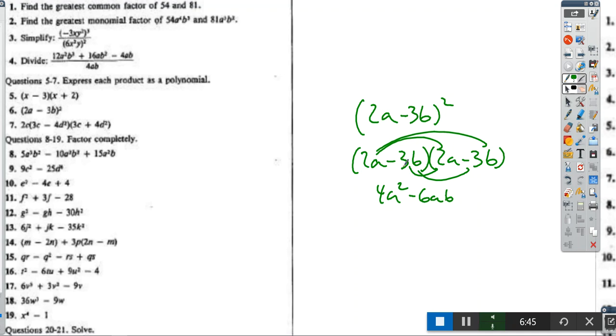So we get another negative 6ab, and that is positive 9b squared. These share a common term, so we get 4a squared minus 12ab plus 9b squared, because negative 6 minus 6 is negative 12. There is a shortcut, but I figure this is the easiest way to understand it.